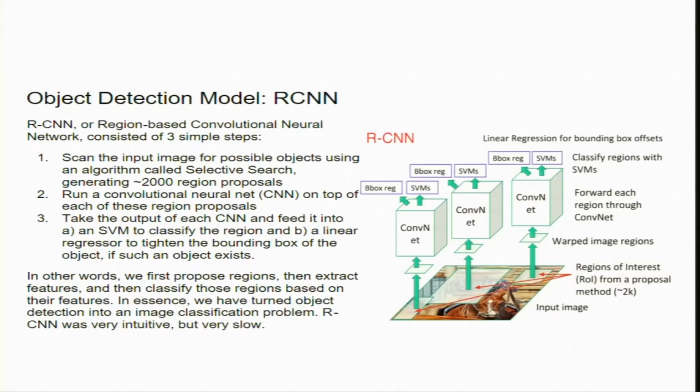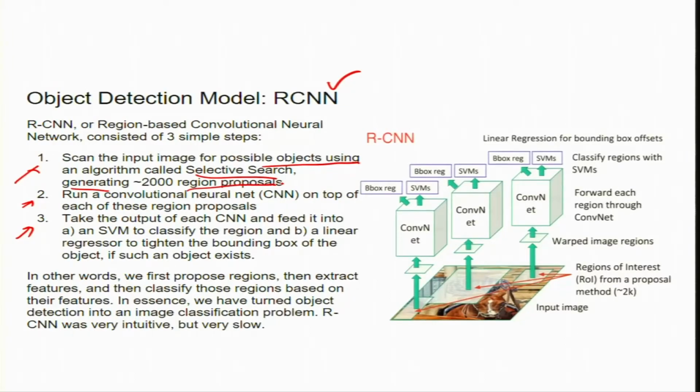So, RCNN is the first model you can use for object detection which was developed. The full form of RCNN is region based convolutional neural network. It uses 3 different steps. One is that it will scan the image for possible objects using an algorithm called selective search, and those regions where there is a possibility of an object will be identified and are called region proposals.